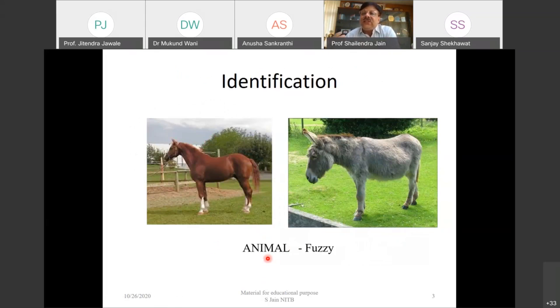This is not an accurate answer. It's vague information that these two pictures indicate they are animals. But to be more accurate, we can define them: this one is a horse and this one is a donkey. So this is a very specific identification.